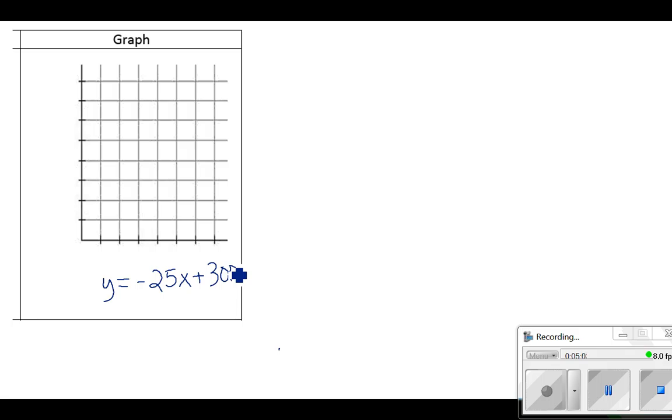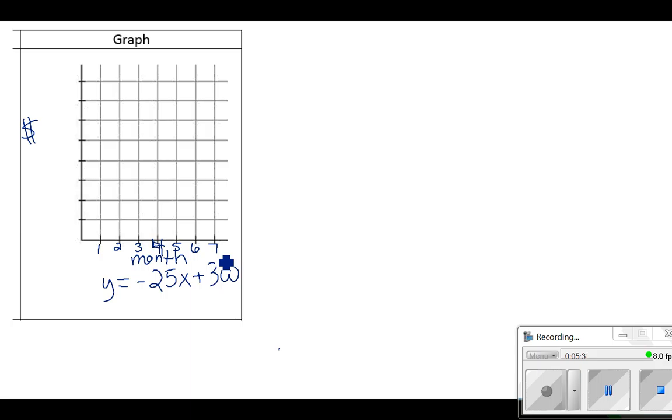I know that the negative 25 is the slope, and that's $25. So I'm going to have dollars on this side per month. Down here will be the month. I'm going to number the months in order: 1, 2, 3, 4, 5, 6, and 7.